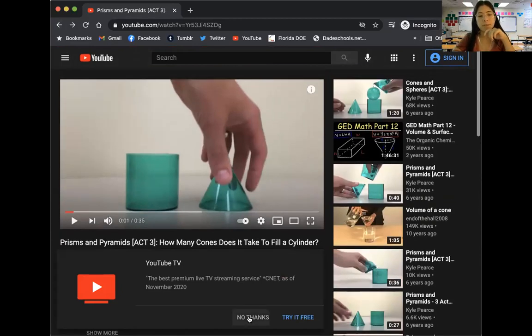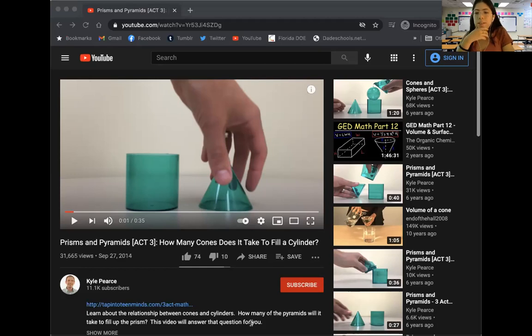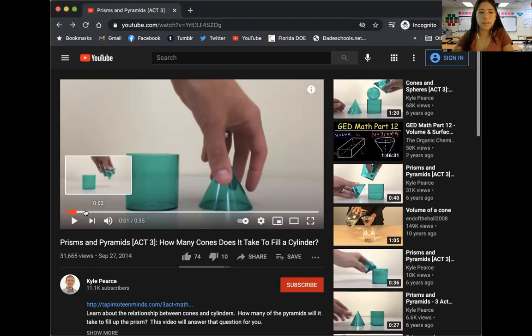If you did it the opposite way, the cylinder would fill up the cone, it would probably overflow, right? The volume of 3 or 4 cones is equal to 1 cylinder. How many was it? 3 or 4? 3, yes. Good. So 3 cones fill up 1 cylinder.